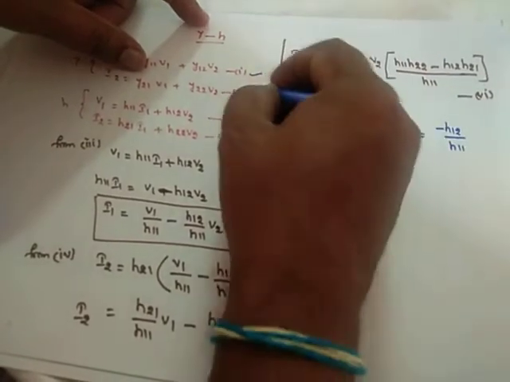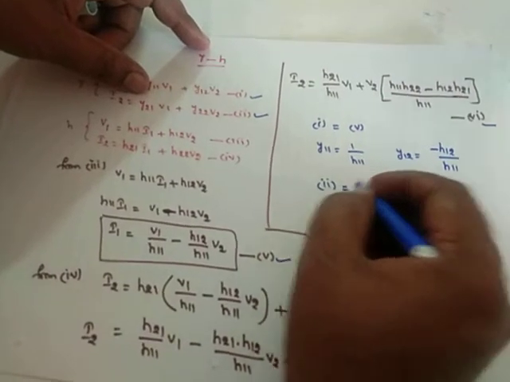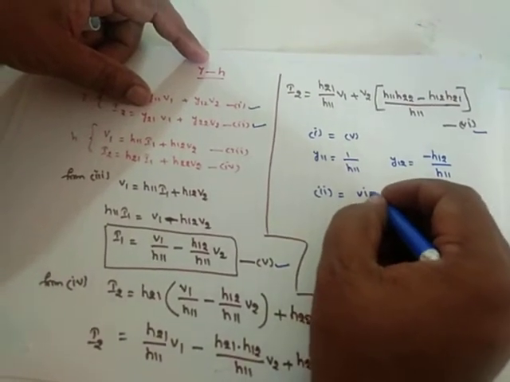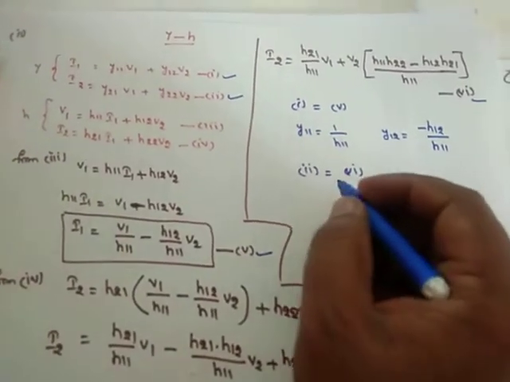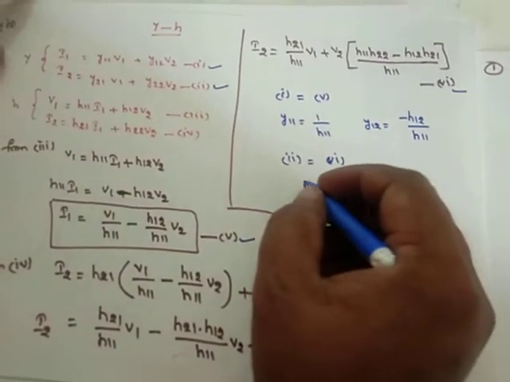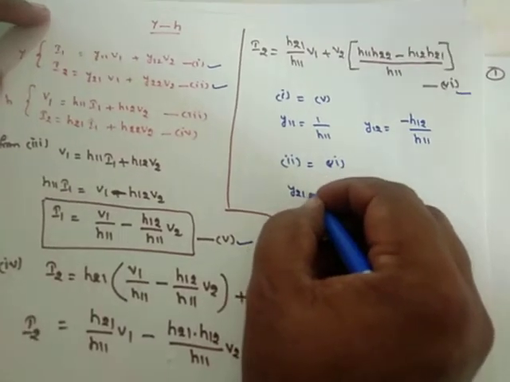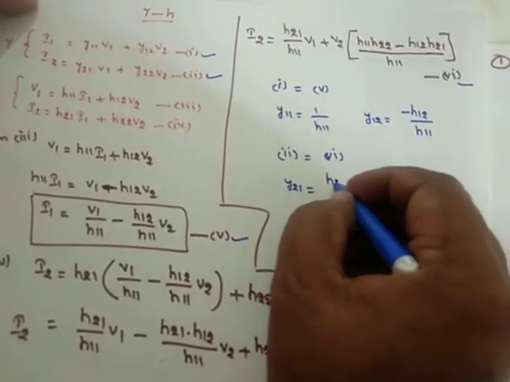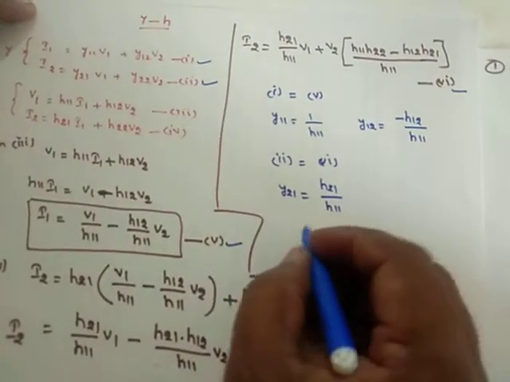Next, again compare here: second is equal to sixth. Now here, Y21 is equal to, observe here, H21 by H11.